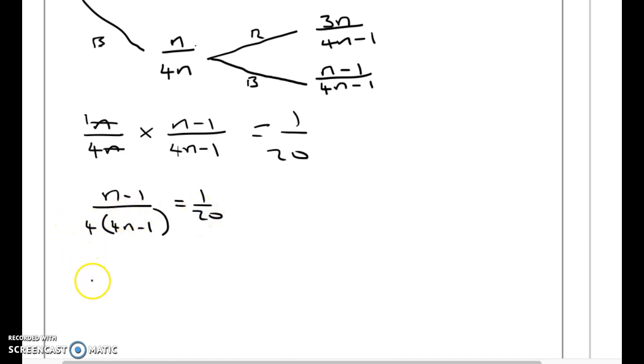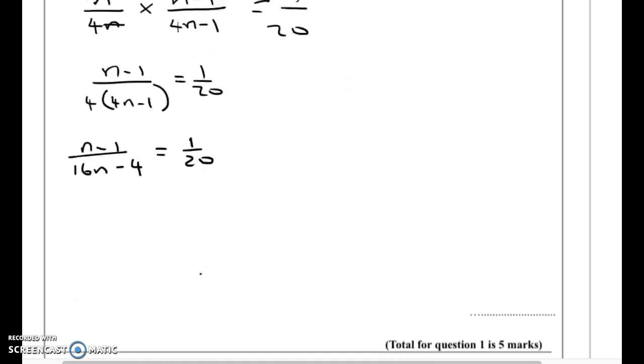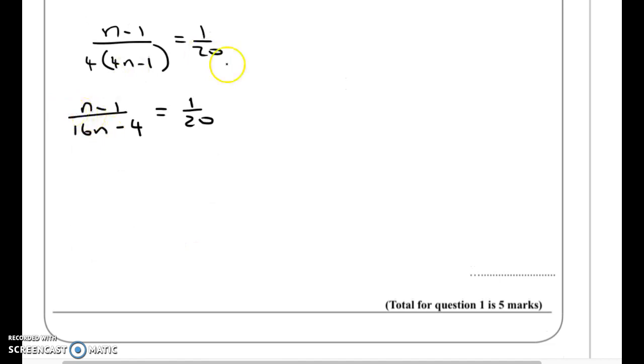Expand this out, so we've got n minus 1 over 16n minus 4, because 4 times minus 1 is minus 4. And that equals 1 over 20. Now, these fractions, I don't like them.